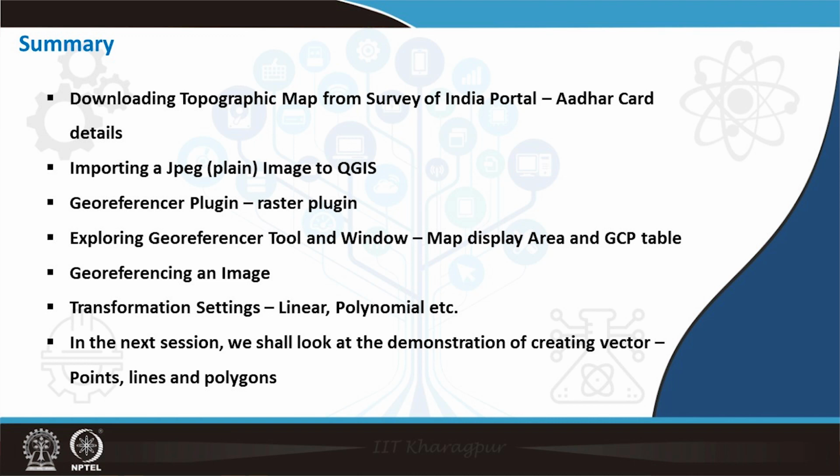That is basically you have to give your Aadhaar details, and then we saw how to convert that particular PDF into a plain JPEG image, then how to bring the plain JPEG image into the georeferencer tab, and how to georeference using various points, and finally we also saw transformation settings, that is either linear, polynomial or etc. And in the next session we shall look at creating vector layers, that is basically a point layer, line and polygon.